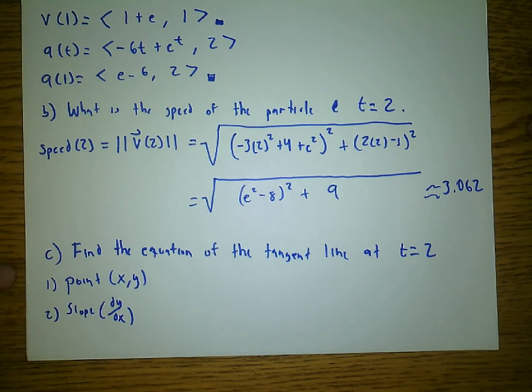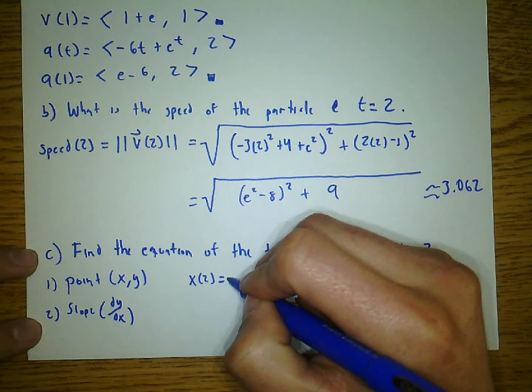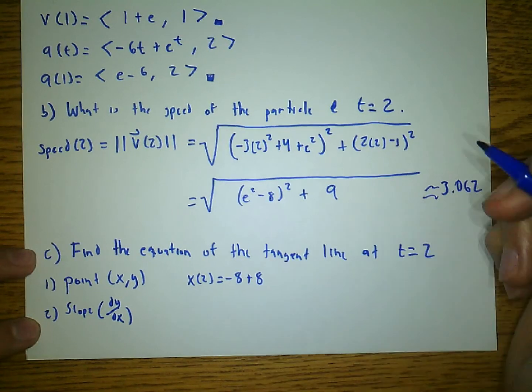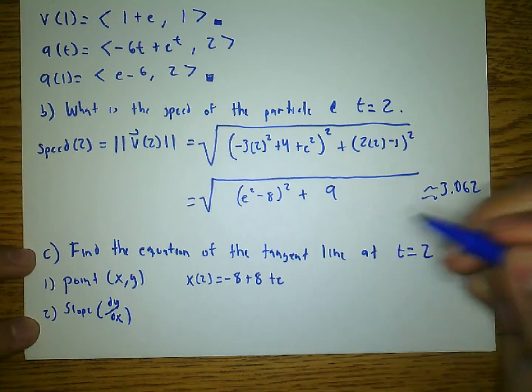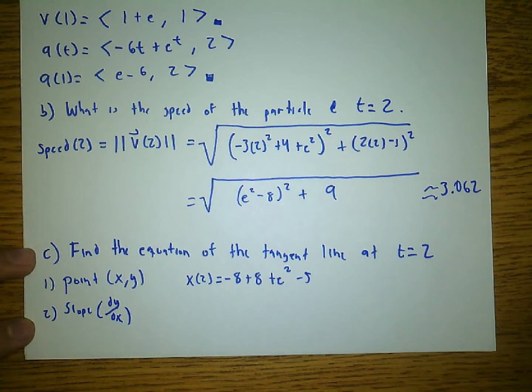Plug it into where? x of t and y of t. Okay, so if I plug in, then I'm going to get x of 2 equals, what do we got? Negative 8 plus 8 plus e squared minus 5, right? You guys have those equations on your paper, right?